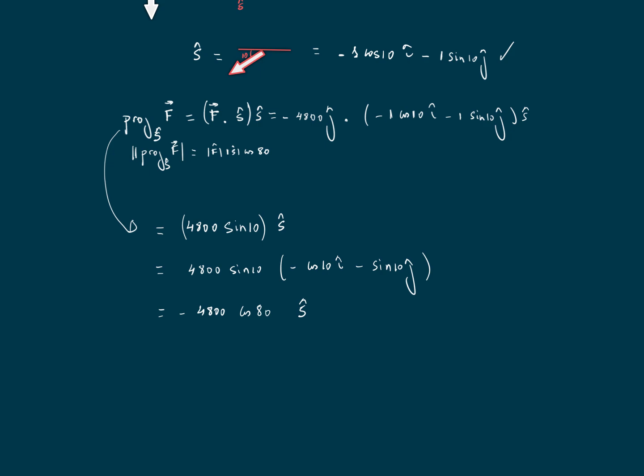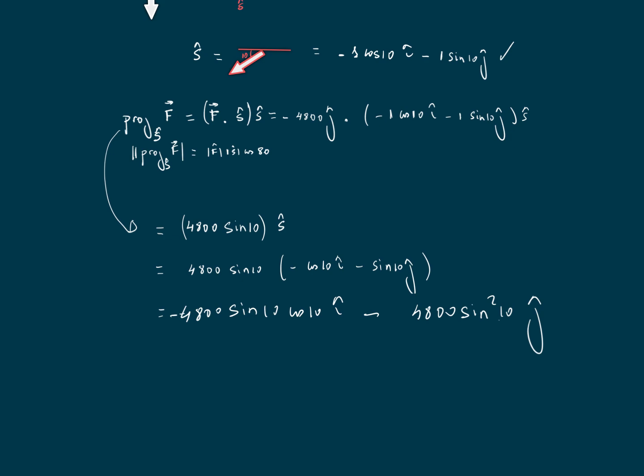Or in other words, the force, let's write it, is 4,800 sine of 10 times minus cosine of 10 i, minus 4,800 sine square of 10 in the j direction. So this is the amount of force that exists on the S direction. And this is the answer.